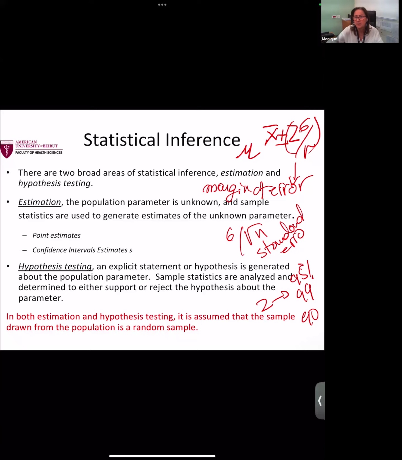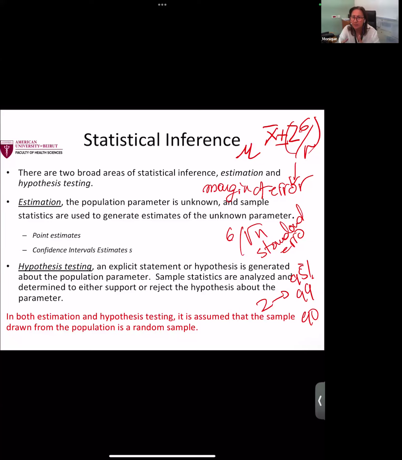So I expect that if I collect data, the body mass index of AUB students would be less than, for instance, 20. I collect data and prove whether the body mass index is less than 20. So what is hypothesis testing? You have a research expectation, a statement, about a population parameter, meaning whatever statistics come from the population as a whole.